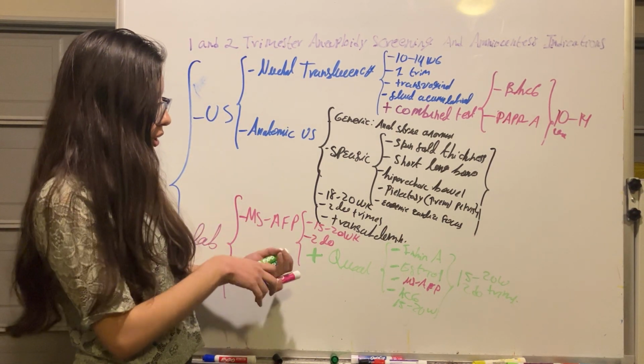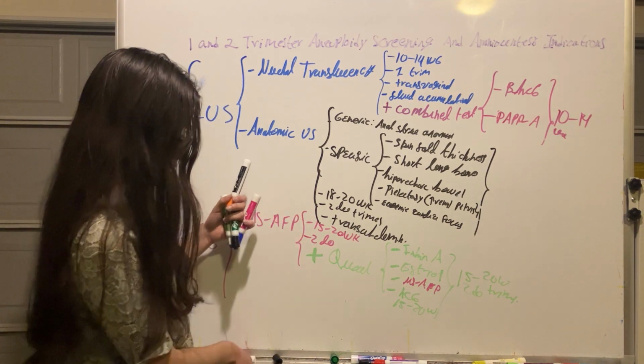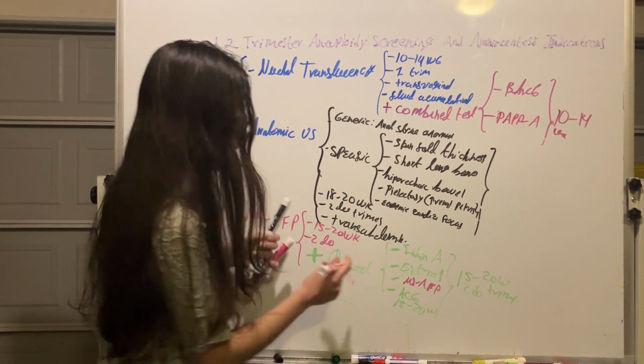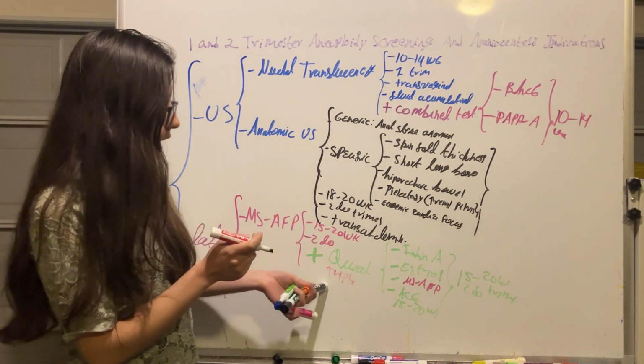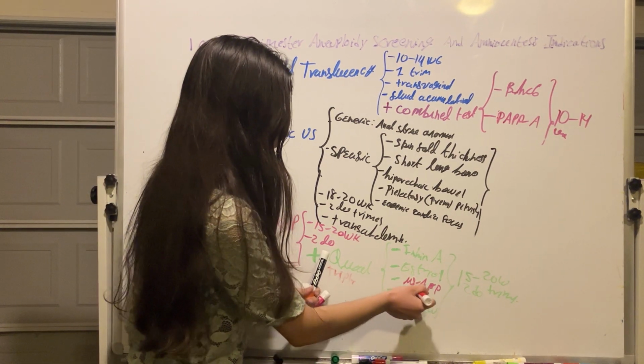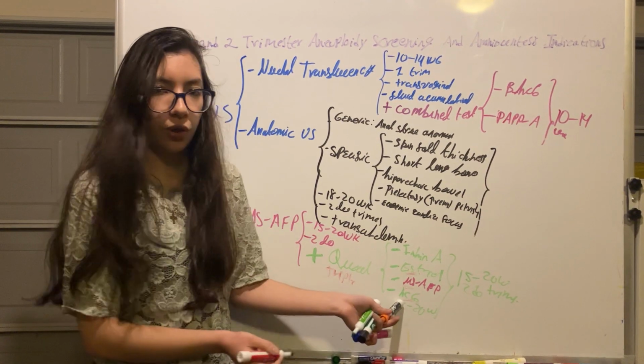We used to call this the triple screen test, because normally this was only done with maternal serum alpha fetoprotein, estriol, and human chorionic gonadotropin.